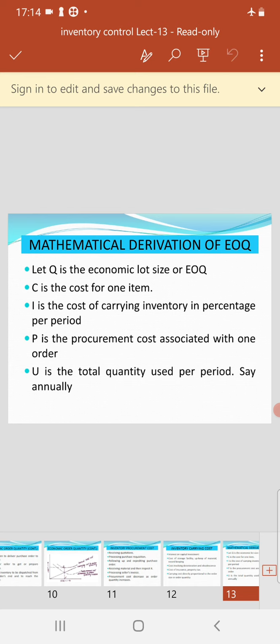So these are the notations. Q is the economic lot size, C is the cost of one item, I is the cost of carrying inventory in percentage per period, P is the procurement cost associated with one order, and U is the total quantity used per period.